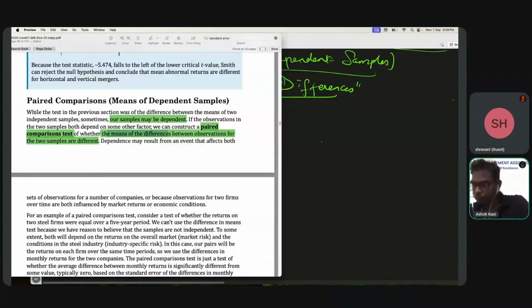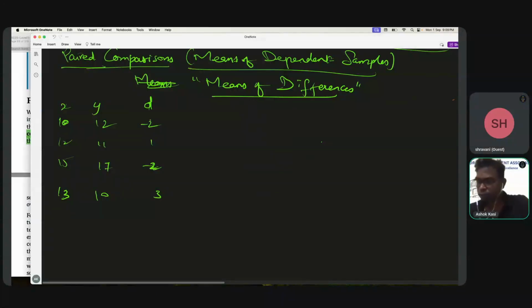Means of the differences. Acha, only the difference. Sorry, I forgot that. Only the difference. So absolute value will come. Only the differences, right? Absolute value will come. So all positive numbers.